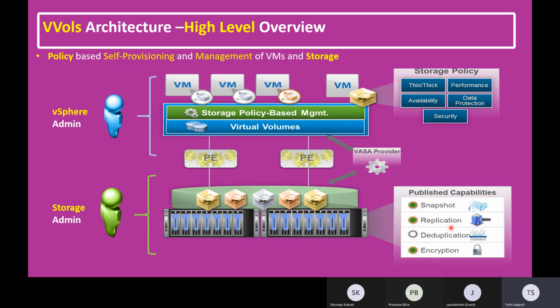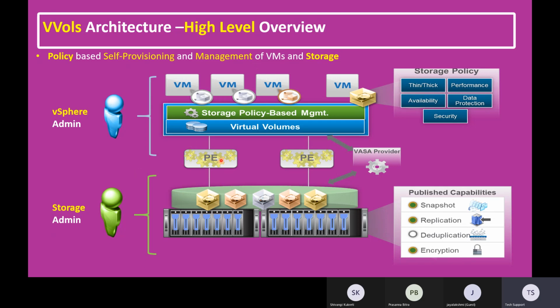The main purpose of replication is that whenever your primary storage is down, all the data is replicated to secondary storage. That replication is mainly for disaster recovery purposes. Most storage vendors provide the replication feature. We can replicate from one data center to another data center's storage, and there are also deduplication and encryption facilities. So this is the high-level architecture.